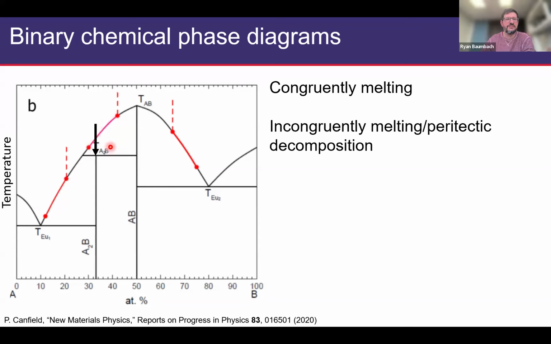What would happen is that some of this would solidify, some parts of it would remain in the liquid phase. There's a coexistence of liquid and solid here. You can understand that by considering the relative Gibbs free energies of the solids and the liquids within this region.